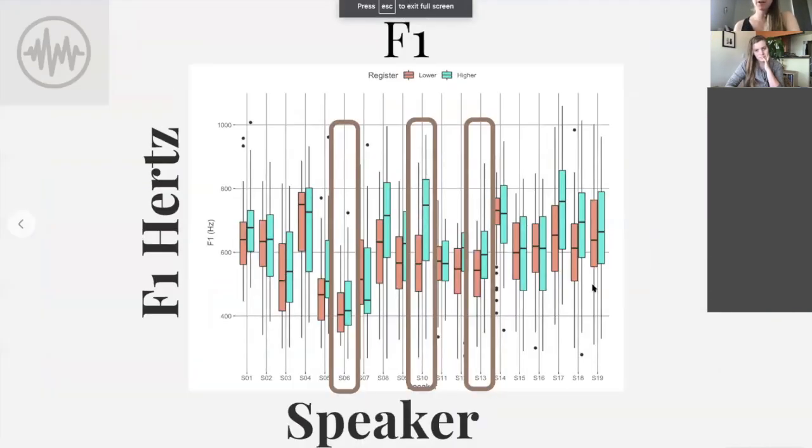Again, what are you supposed to garner from the fact that she has a kind of low median F1 frequency in her lower register compared to the rest of the speakers, and not too much of a big difference?